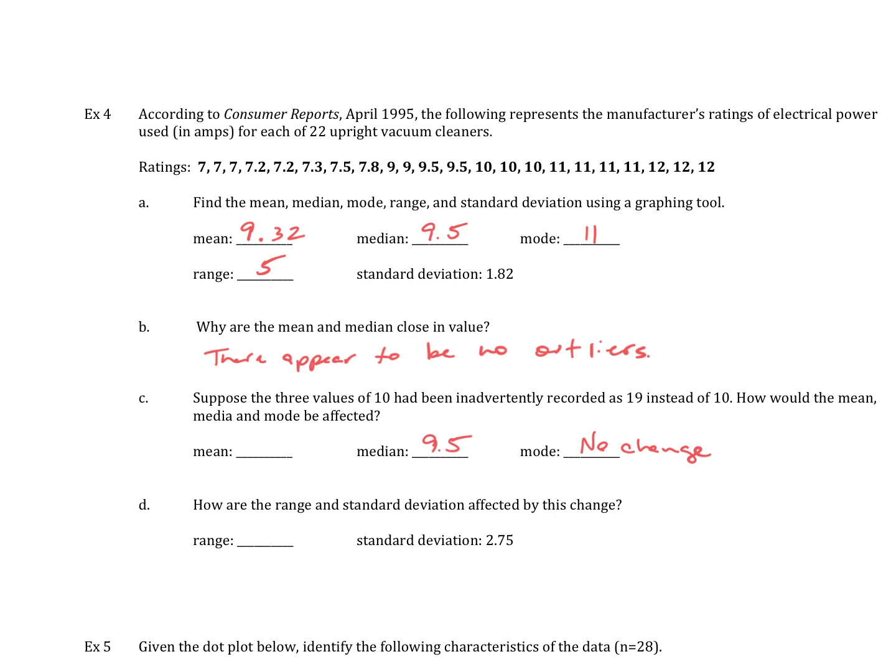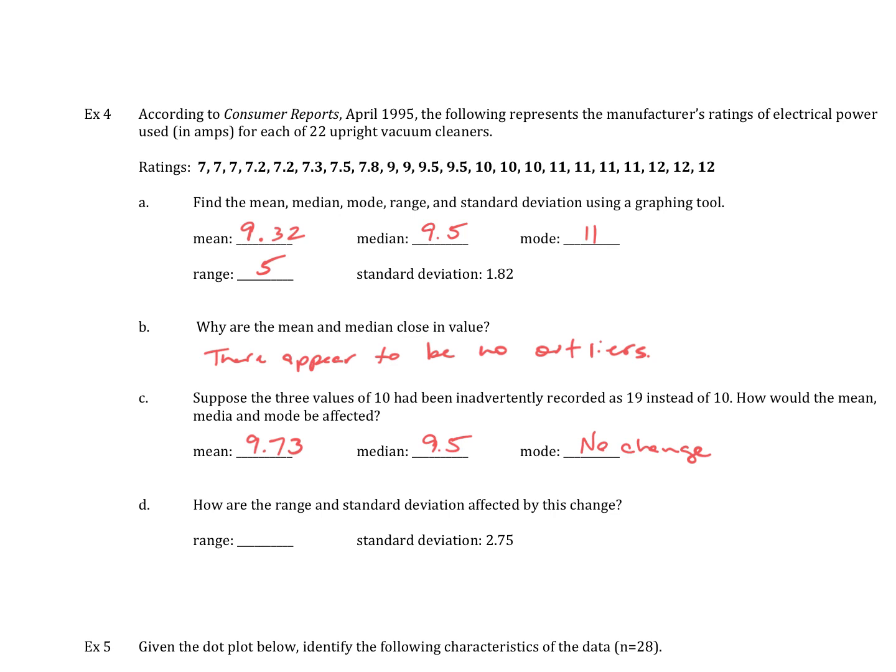And you can check that by changing one of your 10s to a 19. When you do that, the mean goes from 9.32 to 9.73, we'll say 9.73. So we can see that it does increase. How are the range and standard deviation affected by this change?